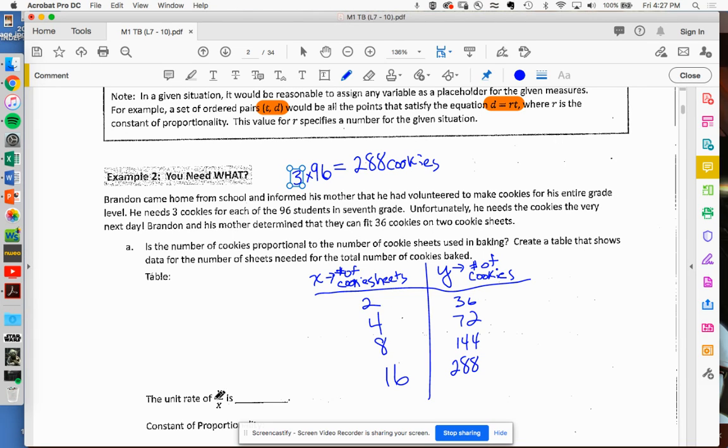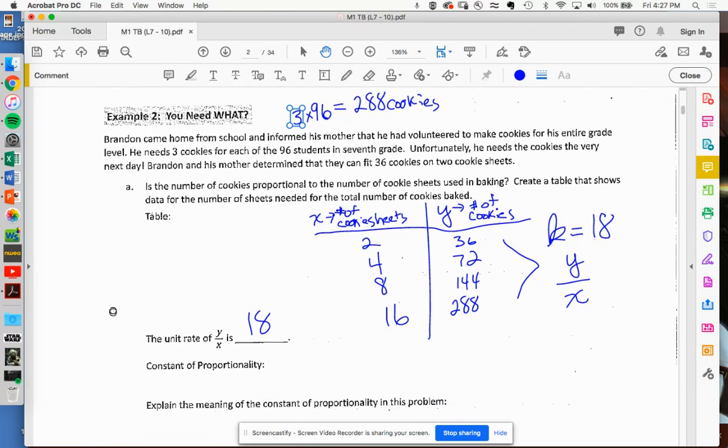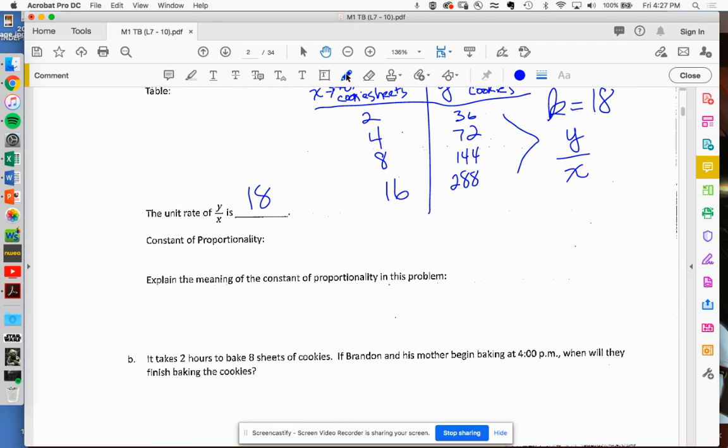Now, we're going to find out that Y divided by X, go through here and divide: 36 divided by 2, 72 divided by 4, 144 divided by 8, 288 divided by 16. Every time you do it, you get the K value equal to 18, which is the same as Y divided by X. So the unit rate is 18. Okay, let's scroll down. Our constant of proportionality, we just identified that.